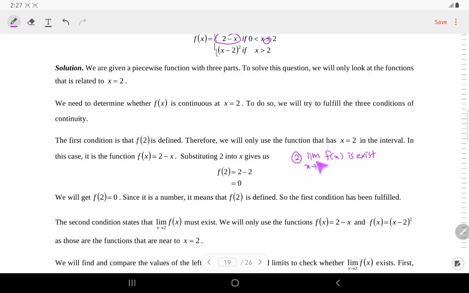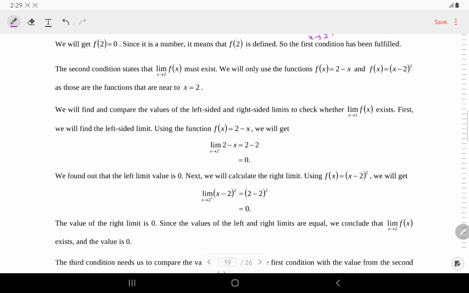For this question, our a is 2, meaning that we need to determine whether the limit as x approaches 2 of f(x) exists or not. So how do we determine whether our limit exists or not? As I mentioned before, we need to find the left limit and the right limit, and then see whether the values are equal or not.